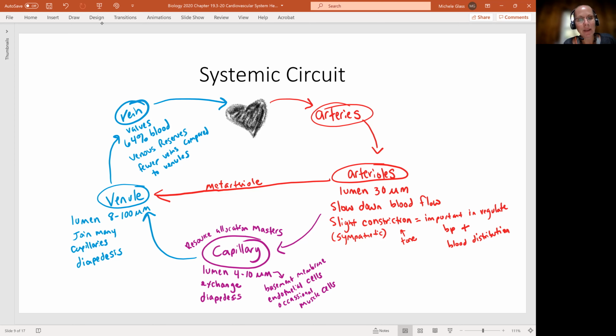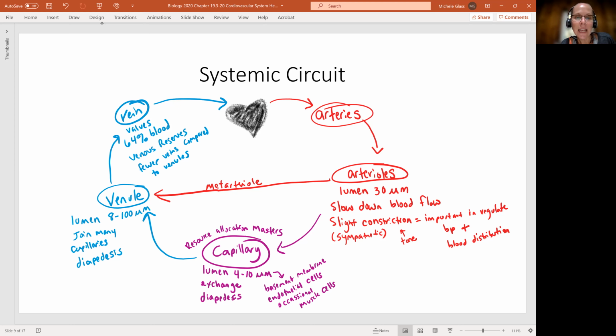And then the capillary is where exchange can occur, so we might want to represent that with a purple color. And then as the blood moves out of the capillary and into the venule, and from the venule into the vein, we see that this is the deoxygenated blood. It has already delivered oxygen and picked up carbon dioxide gas.